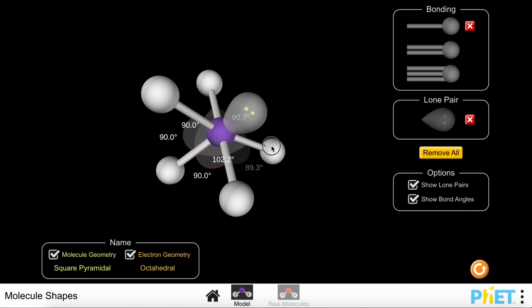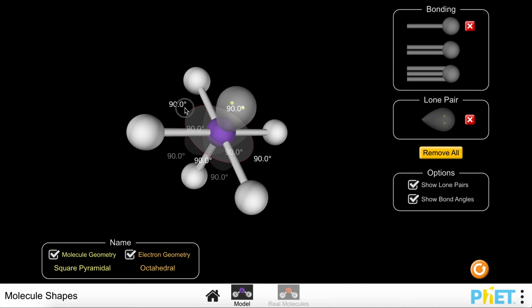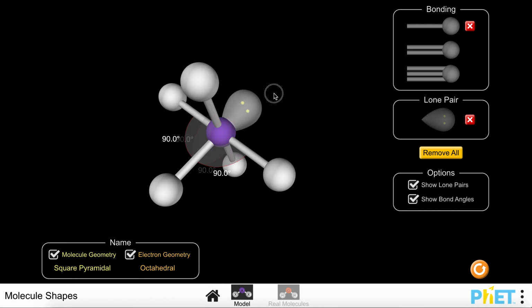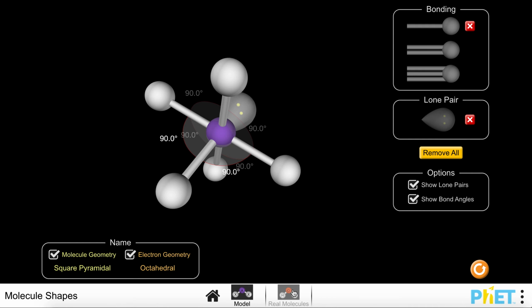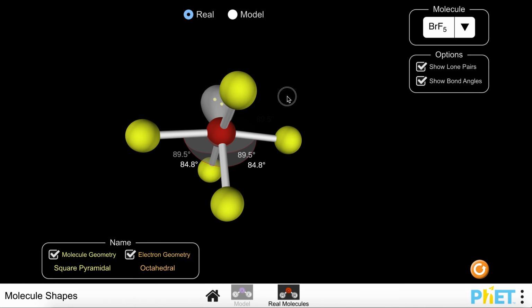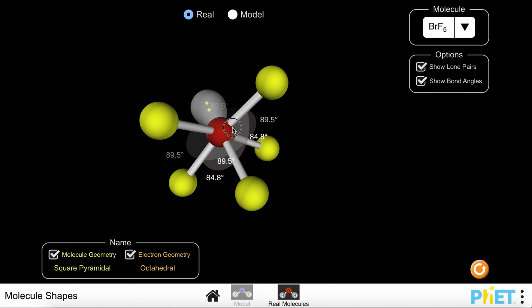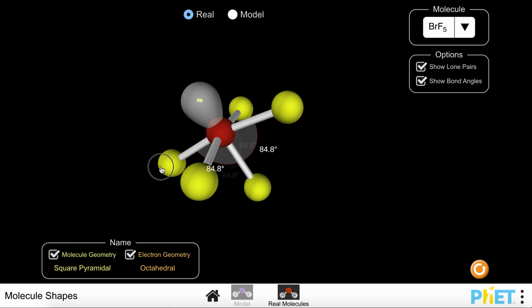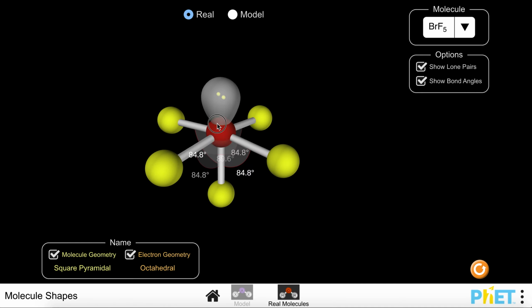You can't have a bond angle with a lone pair, but it's always outer atom, central atom, outer atom, and that's the bond angle we measure. It's all 90, okay? But if we go to our real model, we see that now it's not 90, it's 84.8. So what's happening is you can barely see the deflection, but this is something I want to point out.